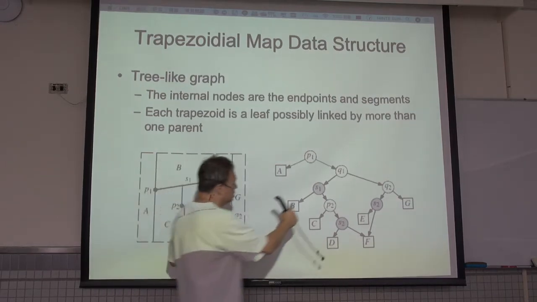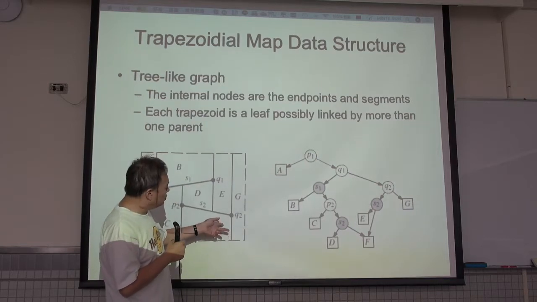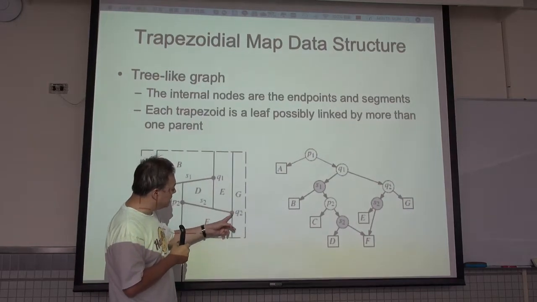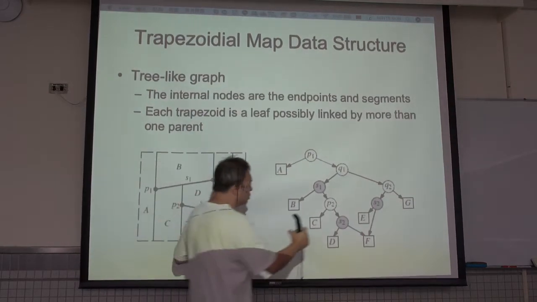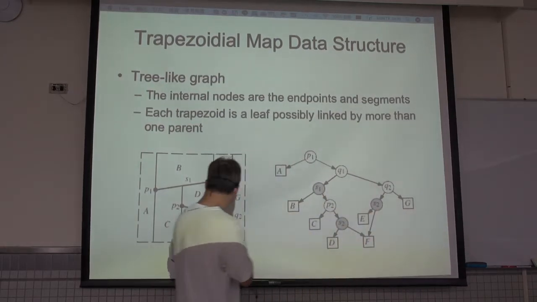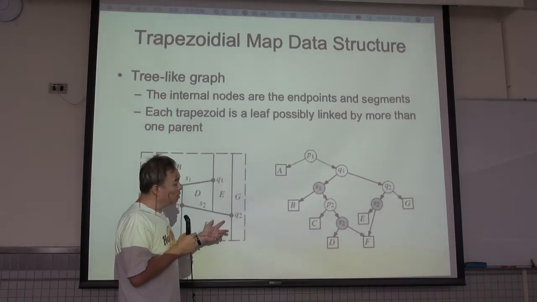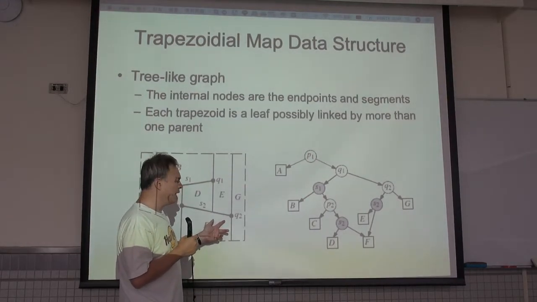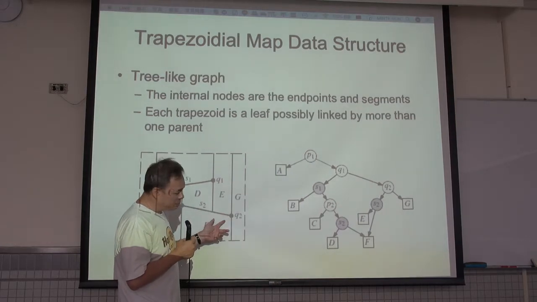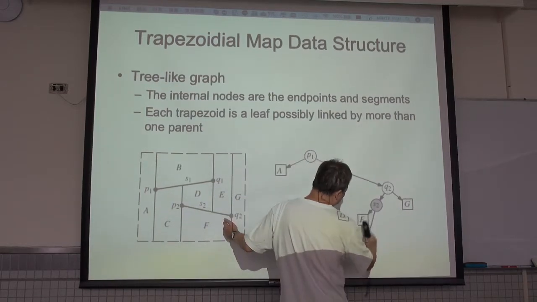So you go here, Q2. When you see Q2, this point is on the left of Q2, so you go to the left subtree. When you see S2, this point is below S2, so you go to the right child.